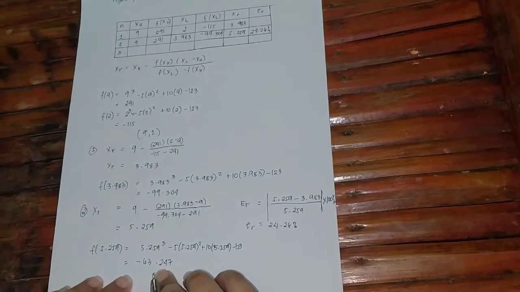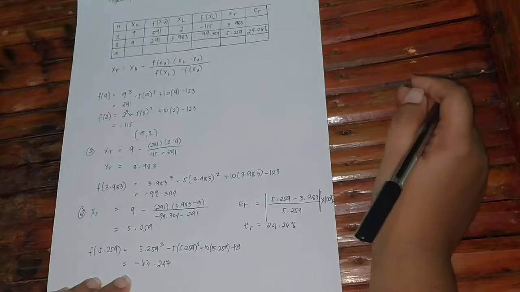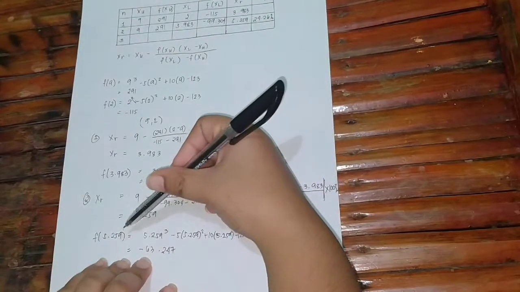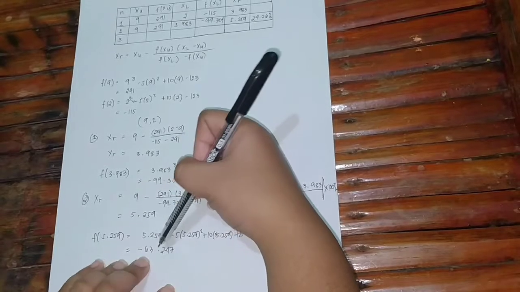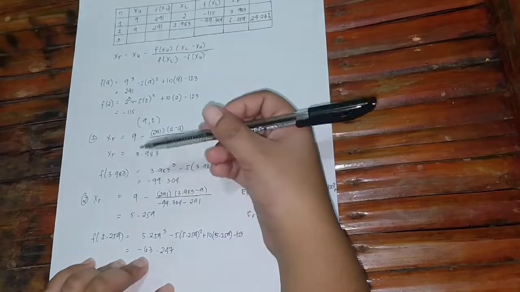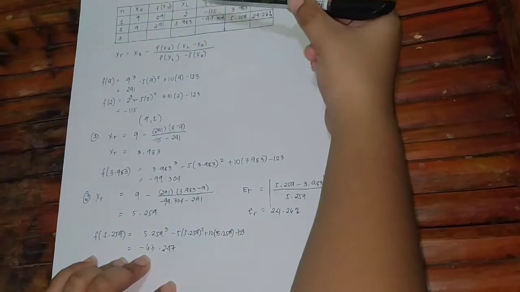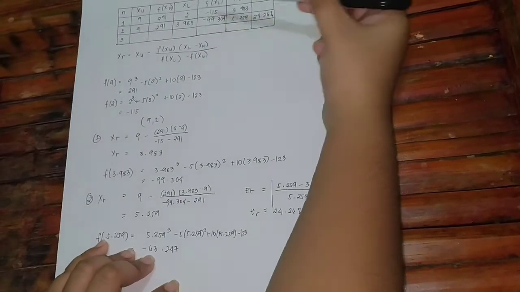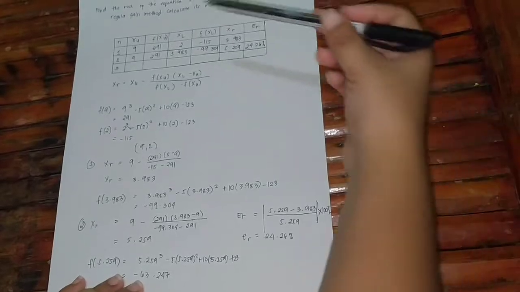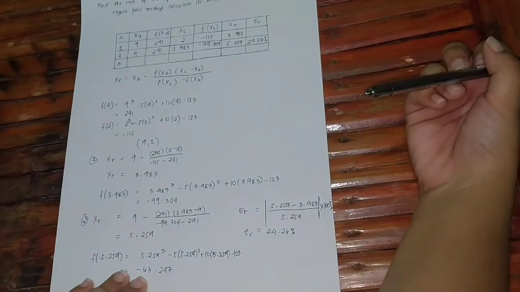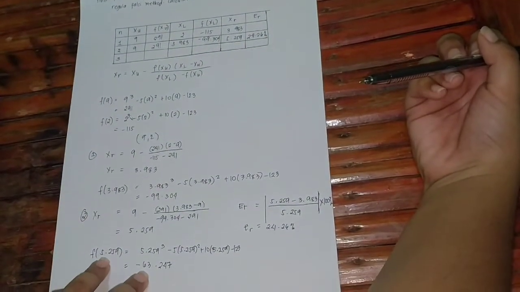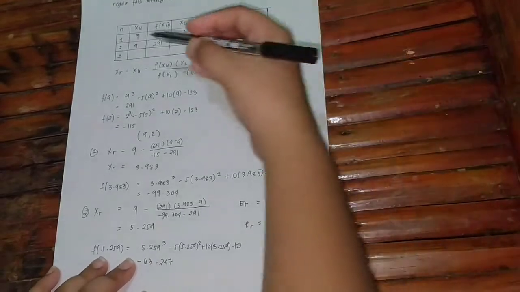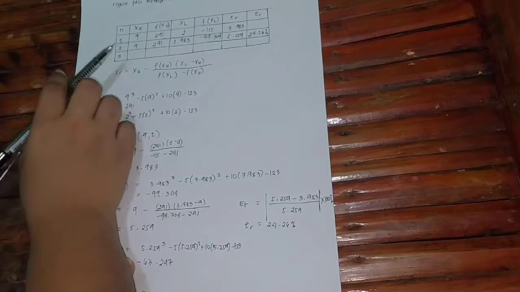Since the value of f of 5.259 is negative, the new x of l will be 5.259, and the x of u will still be 9, since 5.259 is lower than the upper, which is 9.